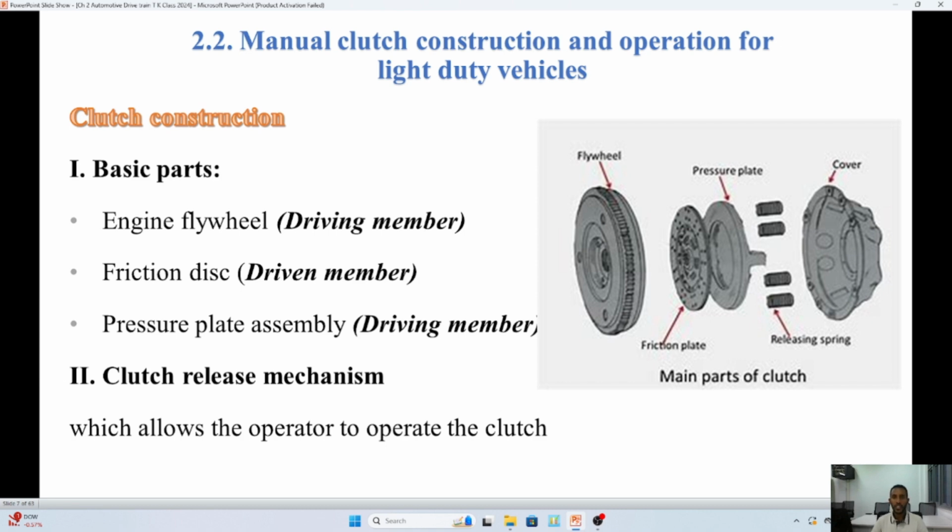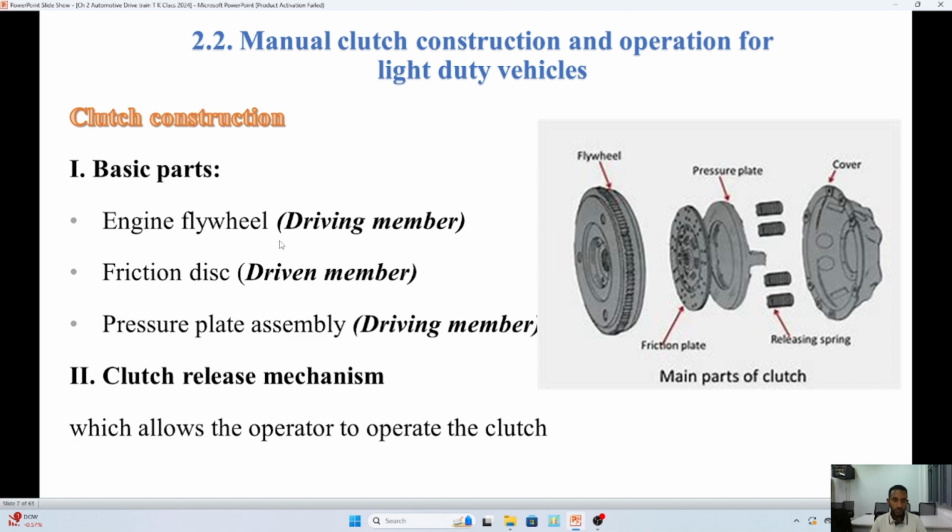When you see the manual clutch construction and operation for a light duty vehicle, the clutch is constructed from the basic parts and the clutch release mechanism, because it will have two basic things.